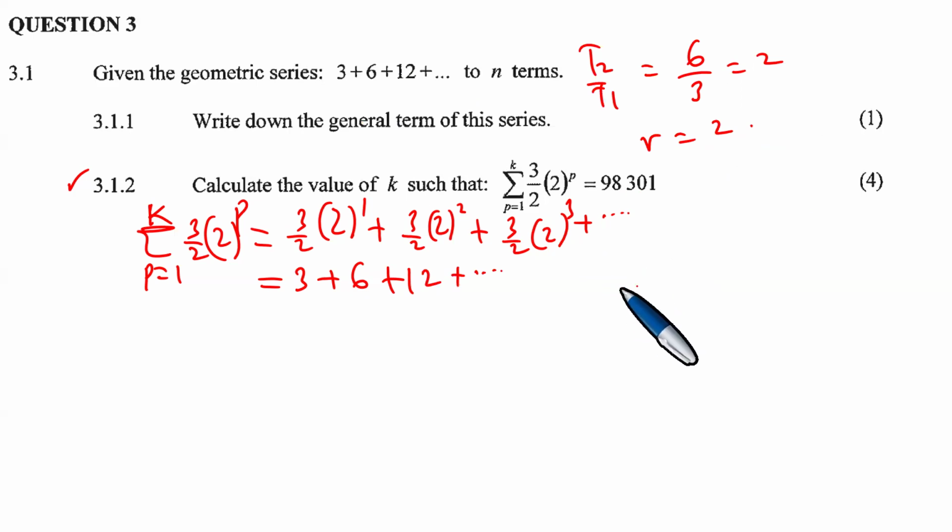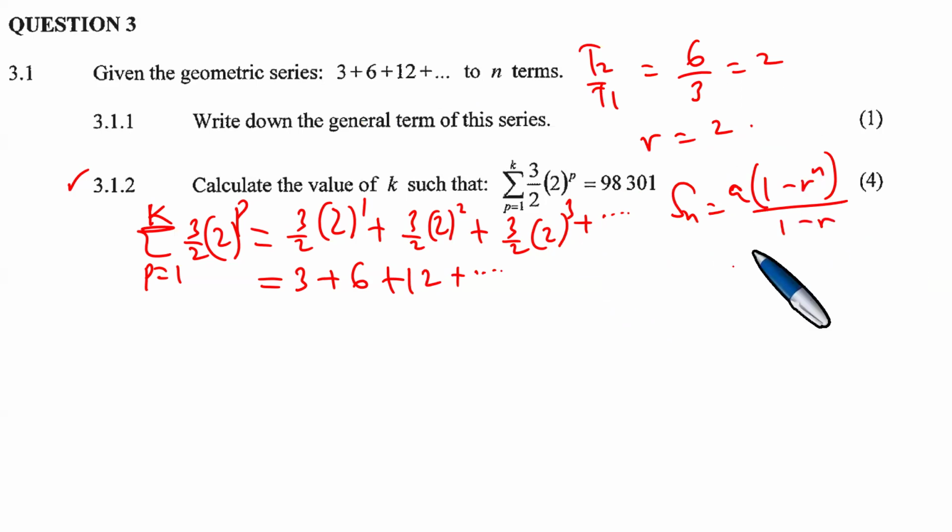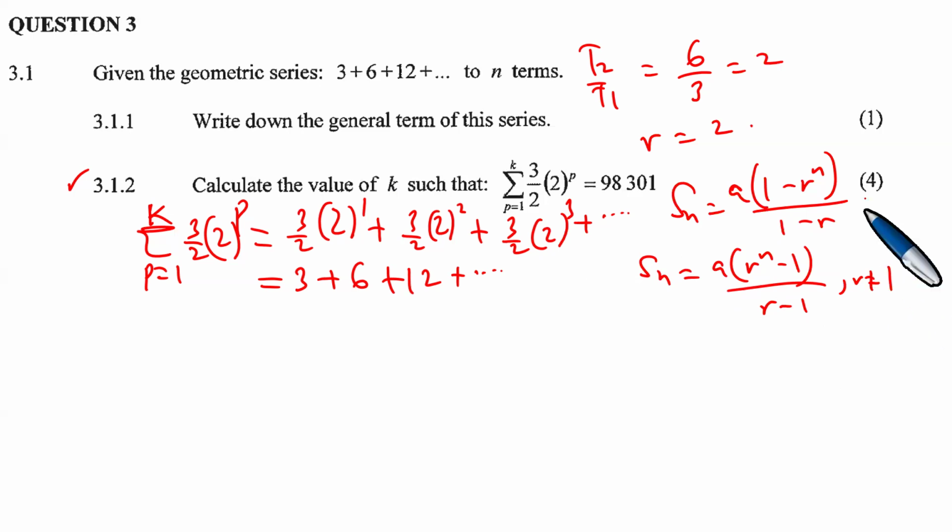Okay, right. So which means that we have Sn equals A times 1 minus R to the power n, and there are different schools of thought, but we can use this particular formula. You can also use A times R to the power n minus 1, over R minus 1. It's the same thing. These are the same formulas where R is different from 1.